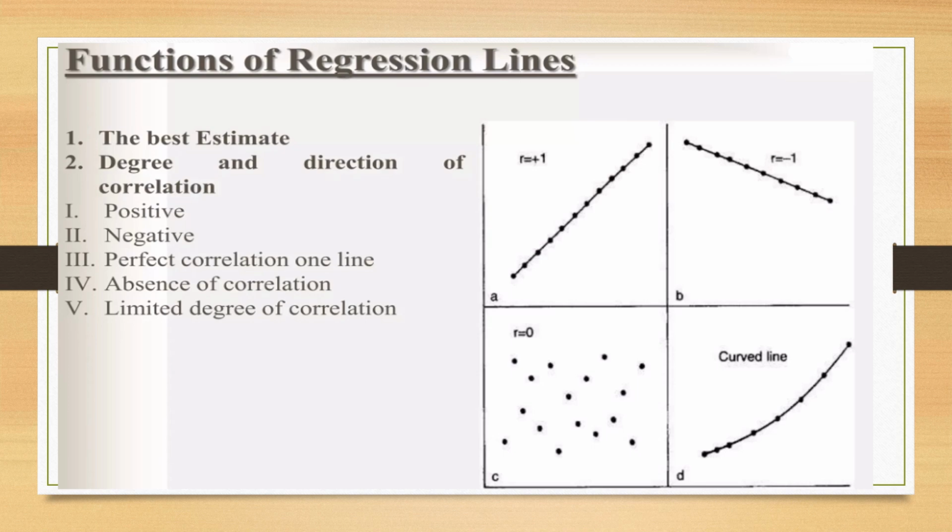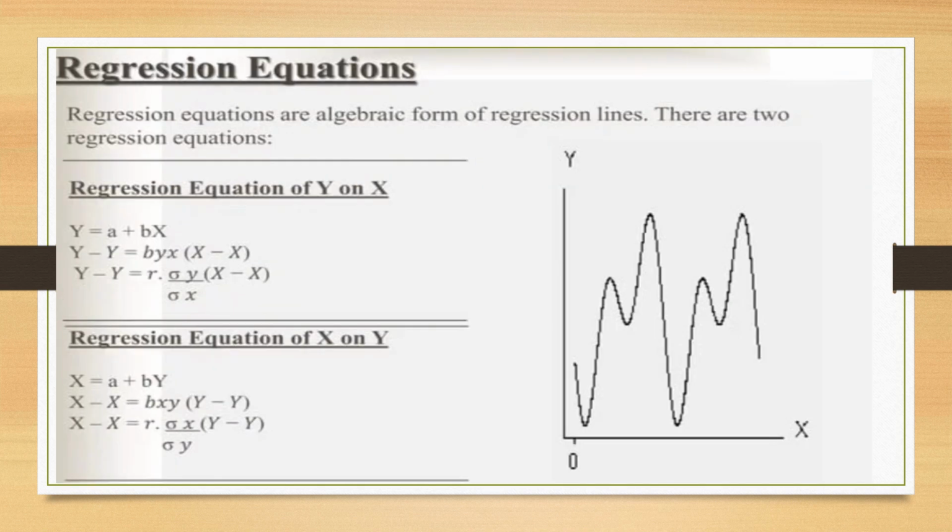Here we can see the functions of regression lines. First is the best estimate. Second is the degree and direction of correlation, which can be positive, negative, perfect, absence of correlation, and limited degree of correlation. These are the functions of regression lines.